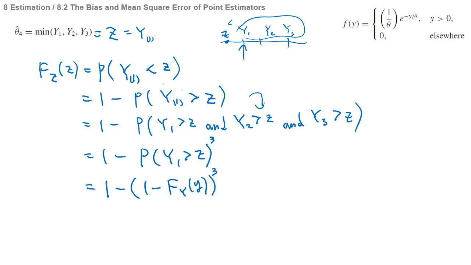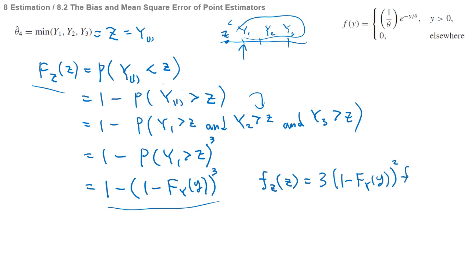And if we differentiate each side, then we can get f_Z(z) is equal to 3 times (1 minus F_Y(y)) to the second and f_Y(y).